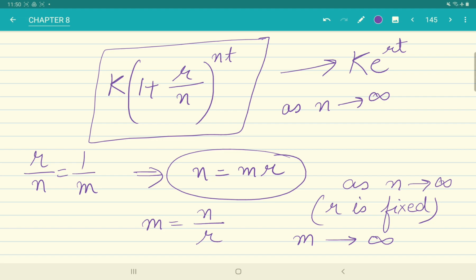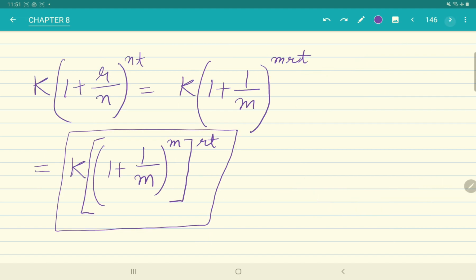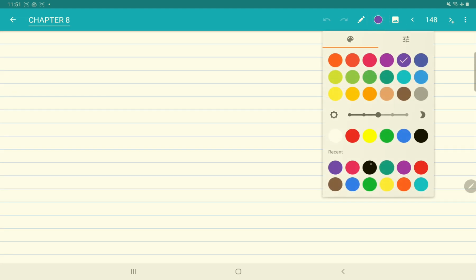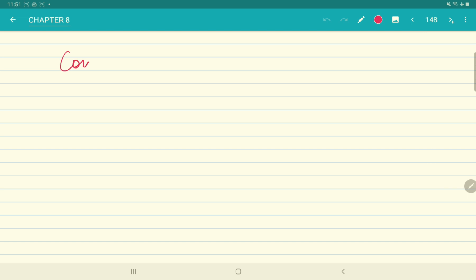It's not occurring daily, it's not occurring hourly, it's occurring in a manner that we can't even measure. So this is what we call continuous compounding. When I talk about continuous compounding, that just means n is approaching infinity.